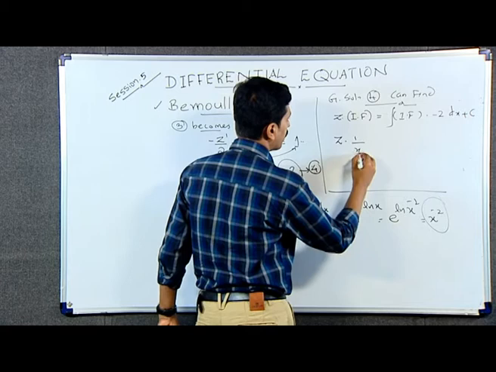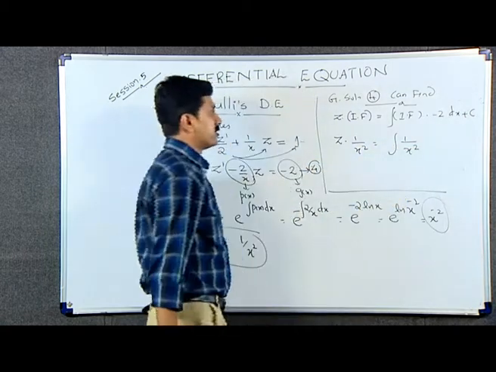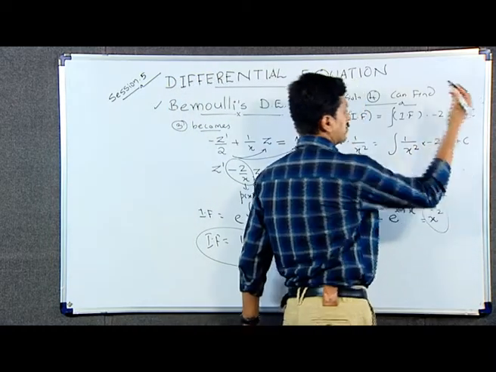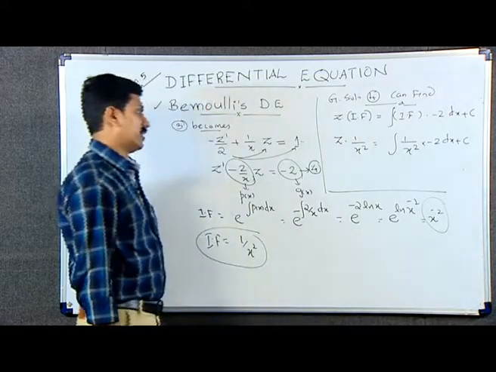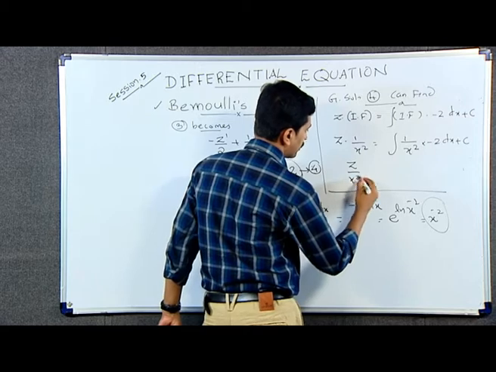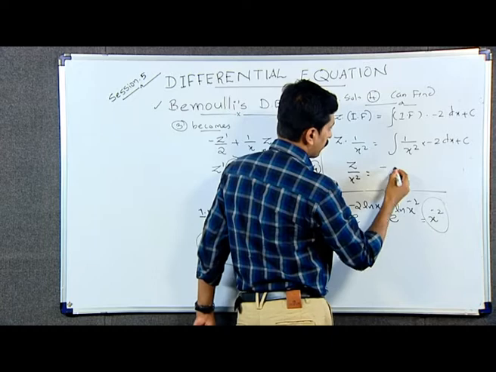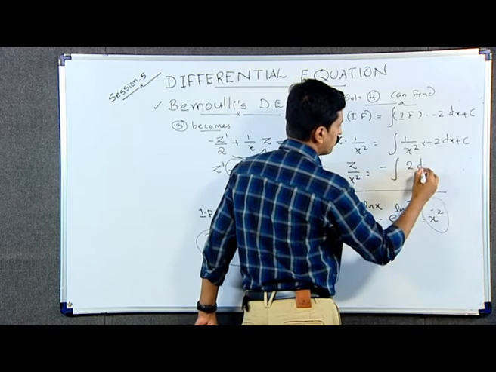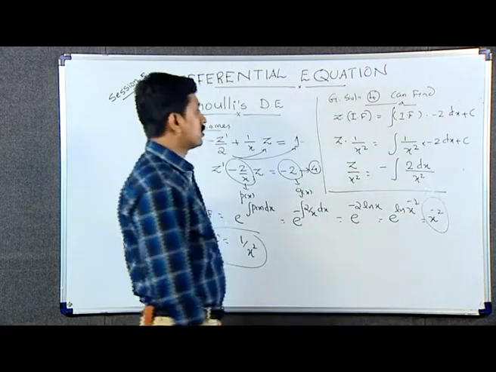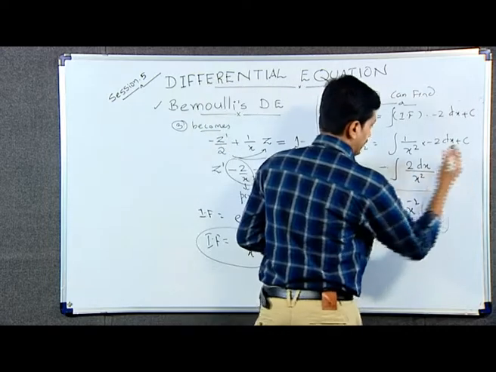Now, z into integrating factor, 1 by x square, is equal to integral of 1 by x square into minus 2 dx plus c. So, z by x square is equal to minus integral of 2 dx by x square plus c.